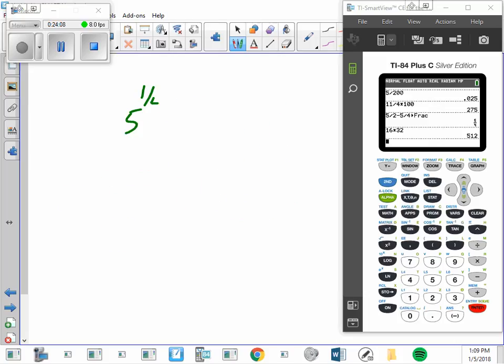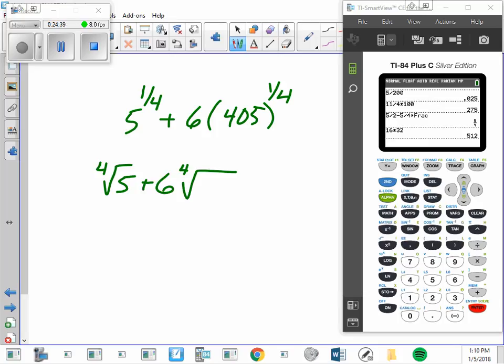5 to the 1/4 plus 6 times 405 to the 1/4. What should I do here? Let's convert it to radicals. 4th root of 5 plus 6 times the 4th root of 405. Well, 405 is 5 and, I don't know.